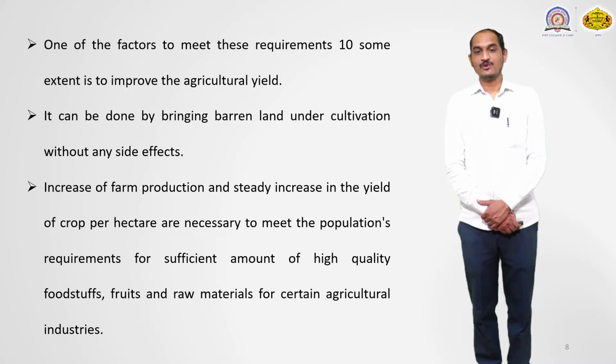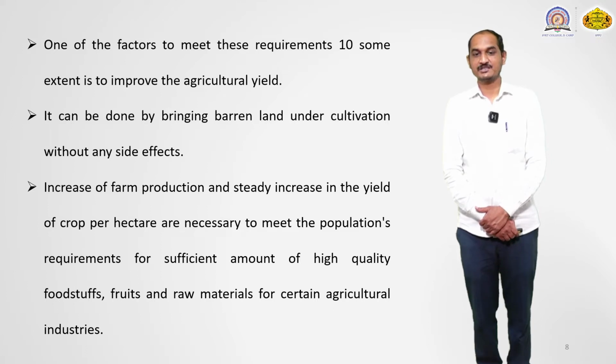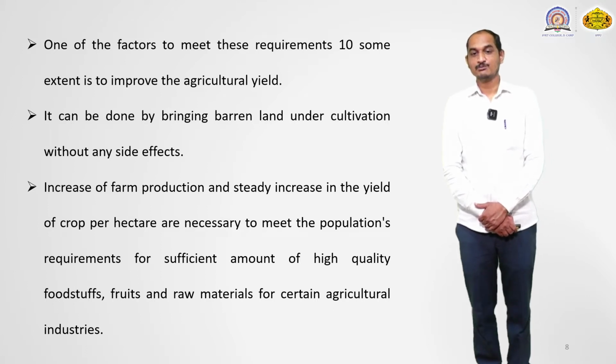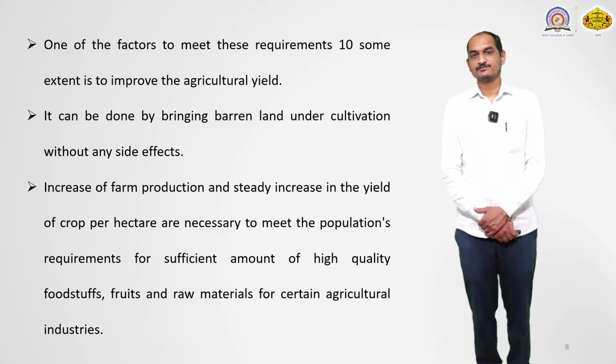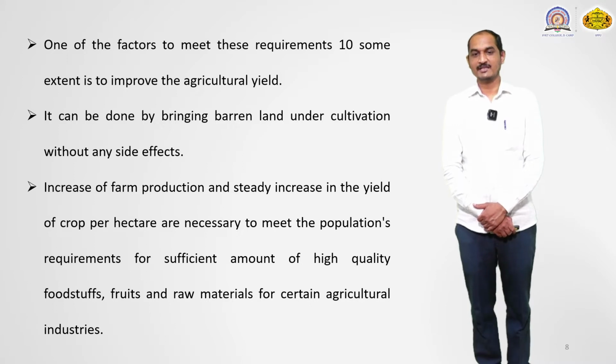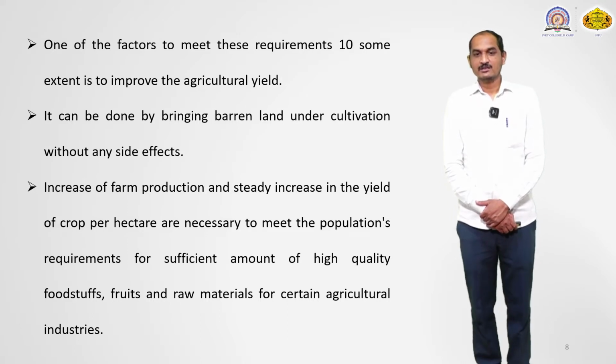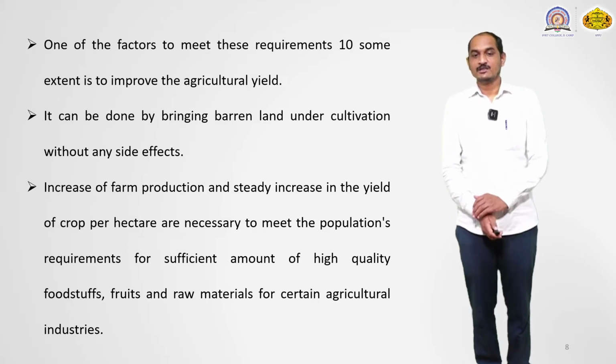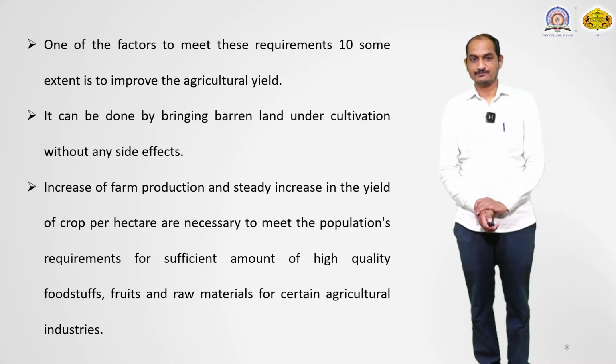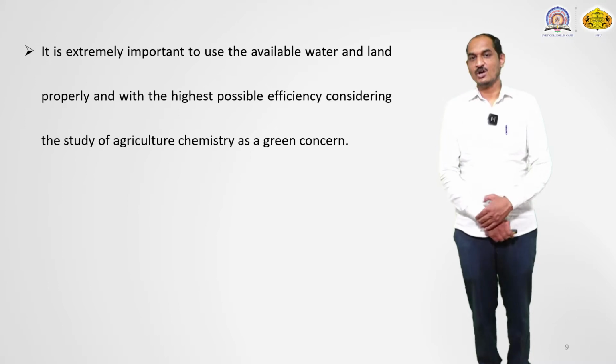Then an increase of farm production and a steady increase in the yield of crop per hectare are necessary to meet the population's requirements for a sufficient amount of high quality foodstuffs, fruits and the raw material for certain agriculture industry, because all these things are dependent on agricultural chemistry or the agricultural sector to fulfill all these needs.